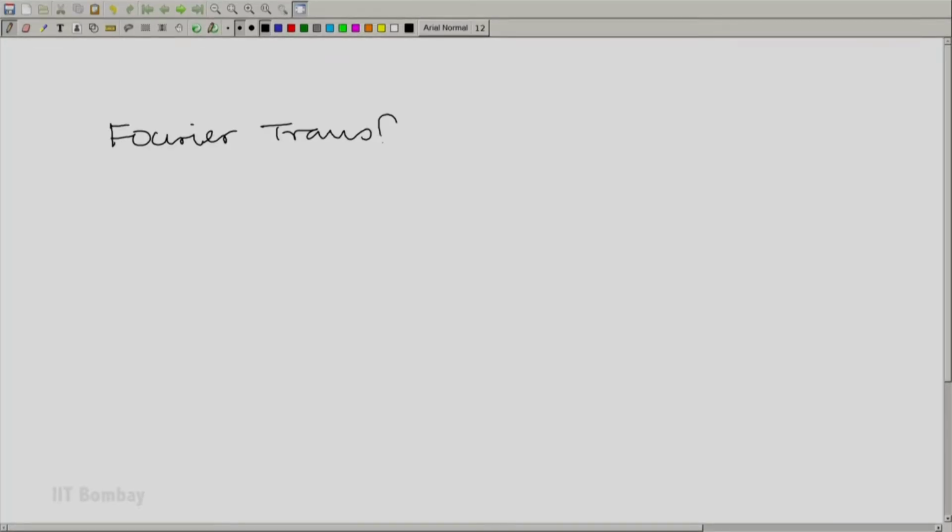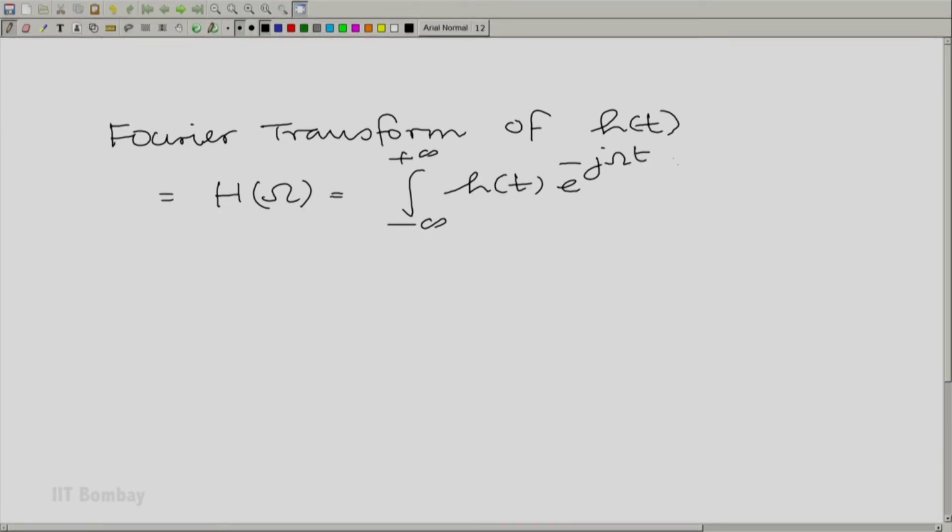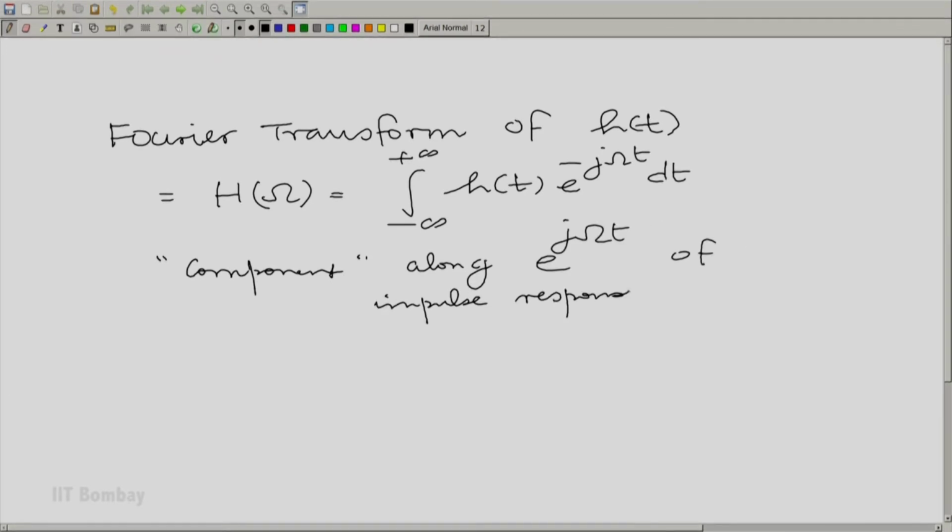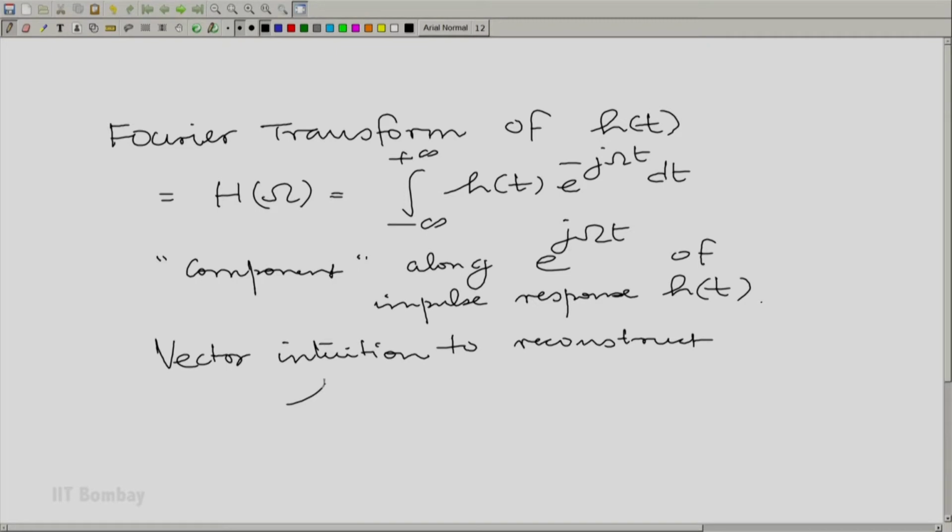So, we said the Fourier transform of the impulse response h(t) was described by capital H(omega) given by the integral from minus to plus infinity h(t) e raised to the power minus j omega t dt, and we thought of this as a component along e raised to the power j omega t of the impulse response h(t), and we were asking, can we use vector intuition to reconstruct h(t) from H(omega)?